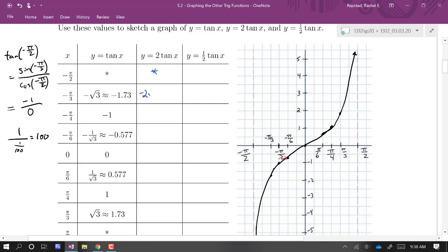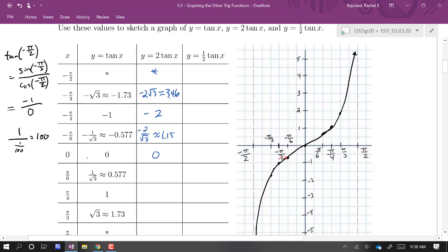So we have negative 2 root 3, which is about 3.46. And then this is negative 2. So here we have negative 2 over root 3, and that is about 1.15. 2 times 0 is still 0.